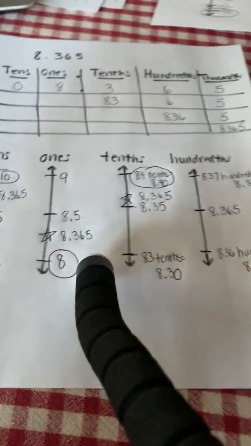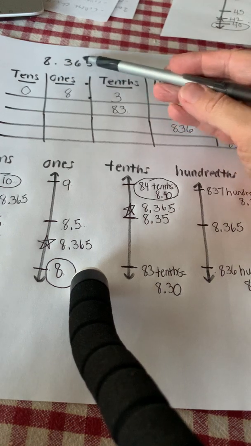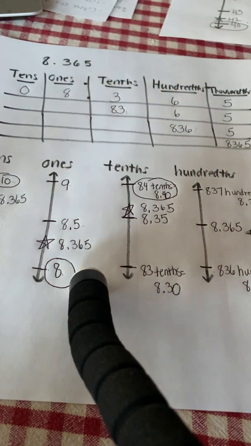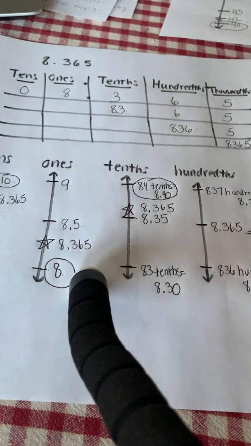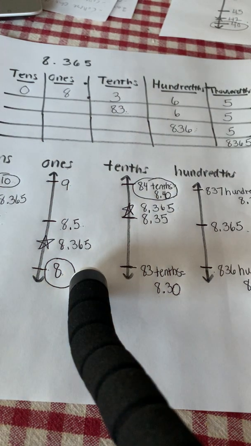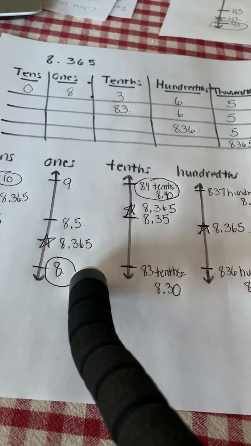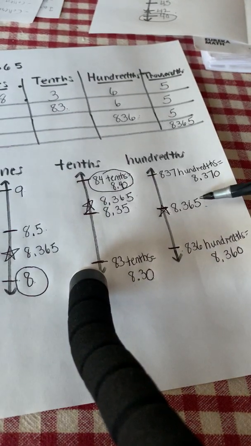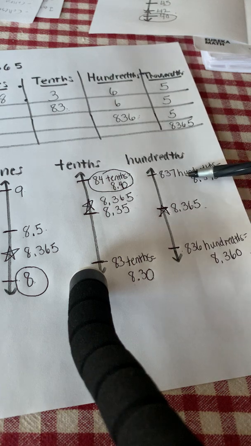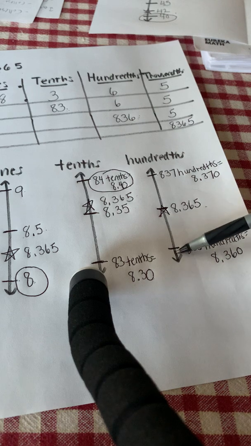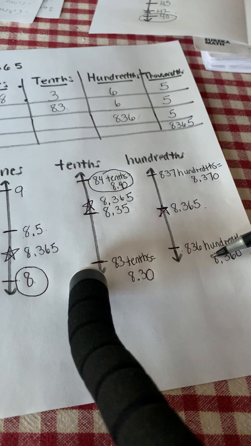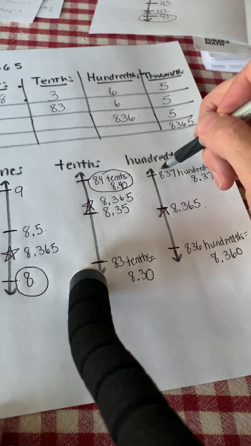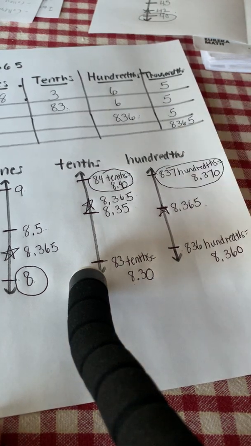Next, I take my number, 8 and 365 thousandths, and compare it to my midpoint. Is it greater than or equal to, or less than? Well, this one is actually equal to, so my star goes right there. This is exactly the midpoint. When that happens, if the number is the midpoint or above, we round up. If the number is below the midpoint, we round down. This number is at the midpoint, so I'm going to round up.